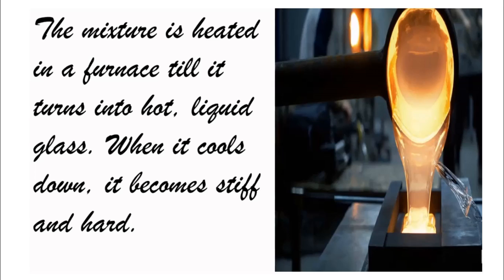What is a furnace? It is a huge enclosed space for heating metals or glass at a very high temperature. So this mixture is heated in the furnace and it turns into hot liquid glass.